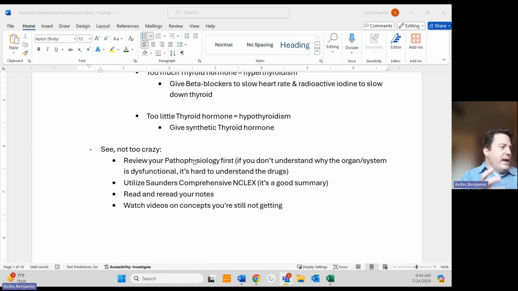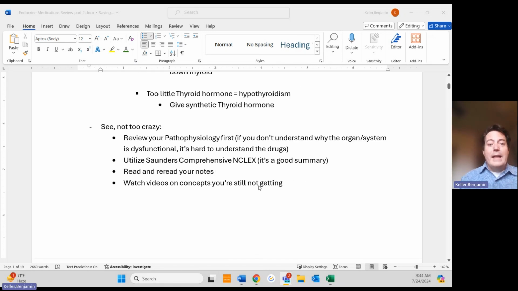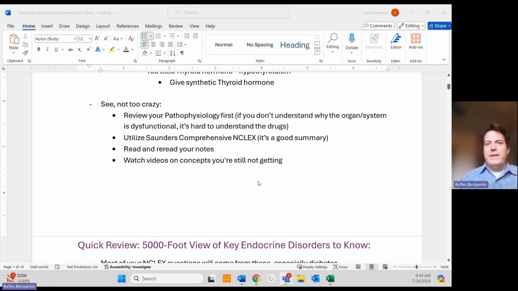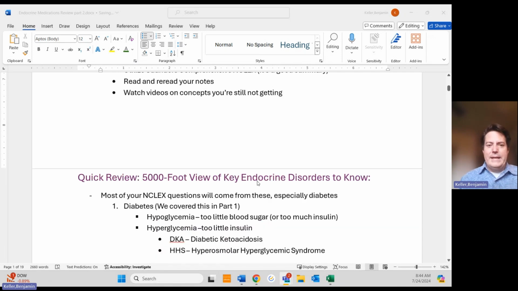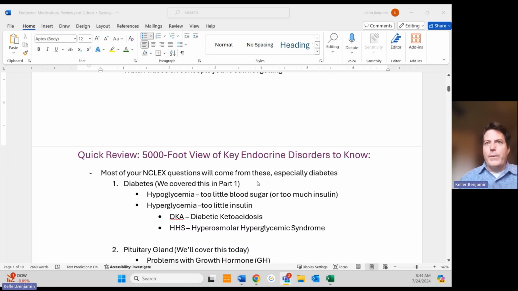And then look at your Saunders Comprehensive Guide. This is an older version, but yours will look somewhat like this. Use this book. It's got some really great resources in there. You can use an online version. It's got some great questions and it's a good summary. Then reread your notes and watch some videos. I've got some really good videos at the end that help cover all this stuff as well.